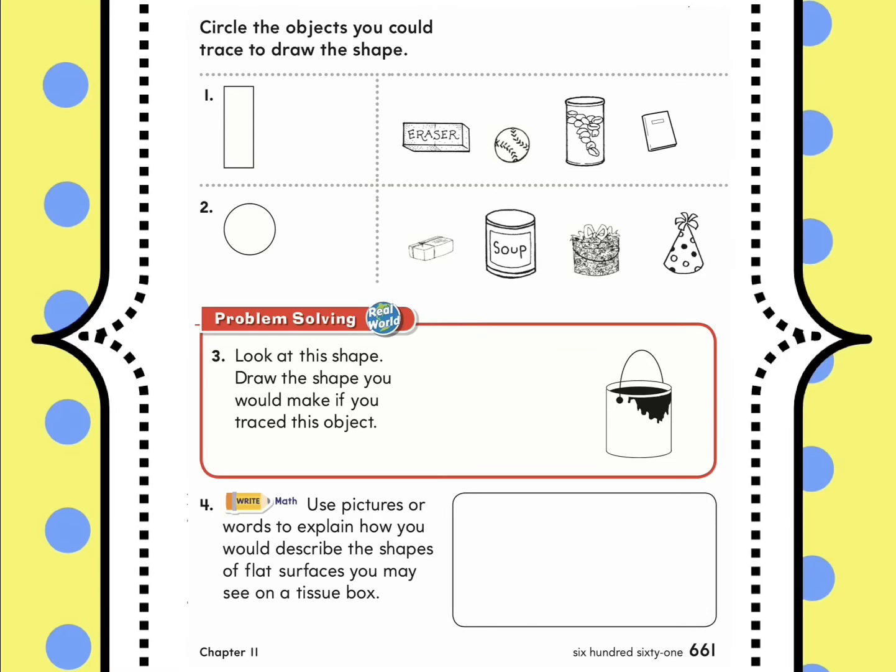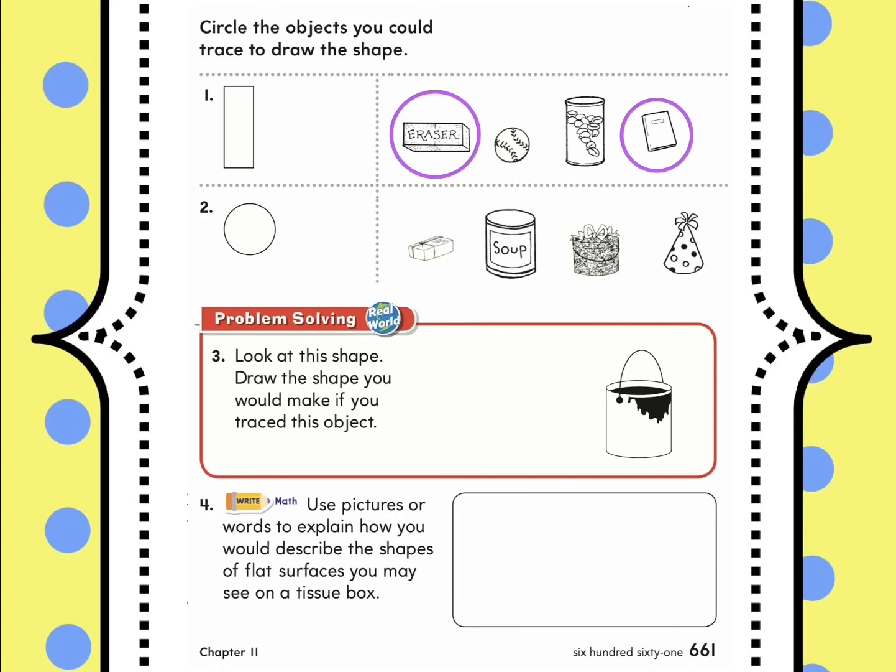Can I draw a rectangle on an eraser, a baseball, a can, or a book? Look at the shape of each object. The eraser and the, wonderful, it's the book.